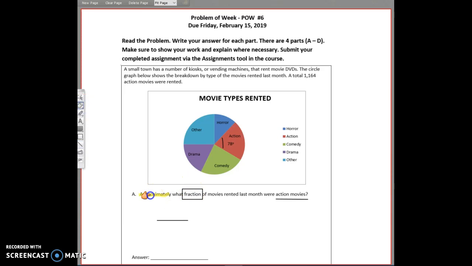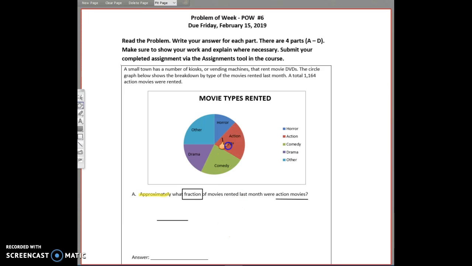And it's approximate, which means you can either round when you're setting it up, or you can round at the end, because they want an approximate. And the fraction is what fraction of movies rented last month were action. So basically they're asking what part of the whole circle is this red part, the sector for action.